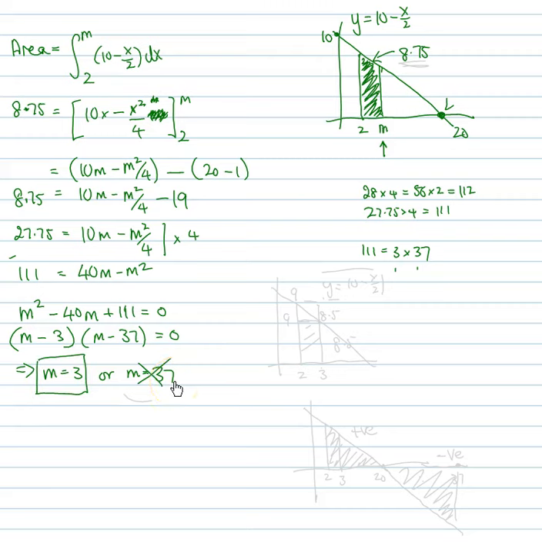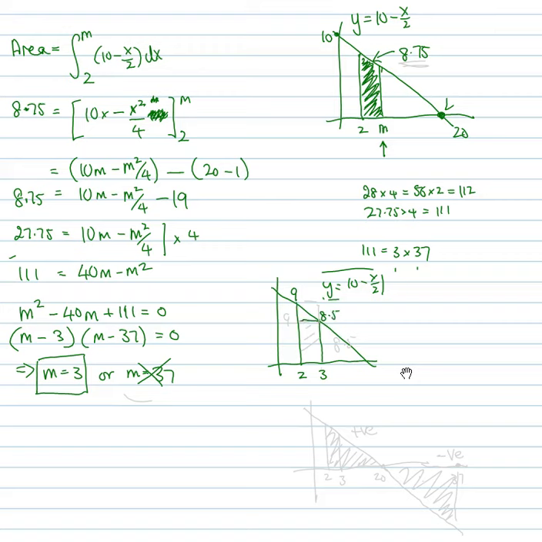Can we check that answer? If I had time to do a rough check, we're saying it's now 2 and 3. I know the function is 10 minus x over 2. So at 2, 2 over 2 is 1, so that's 9. And at 3, it's 8.5.